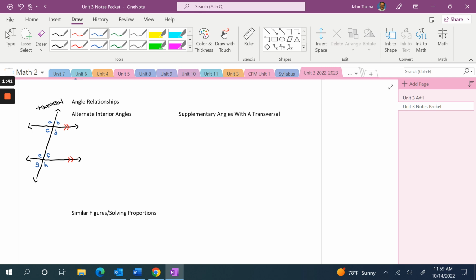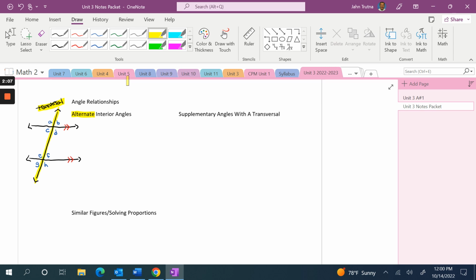Okay. Now, alternate interior angles, these are a relationship of angles that always come in pairs. And in order for the angles to be alternate interior, the two angles have to be on alternate sides of the transversal.